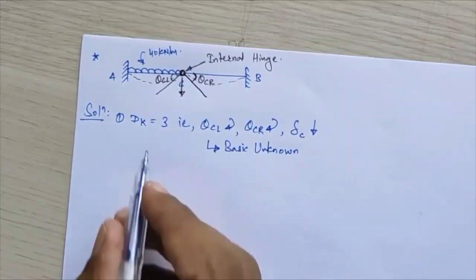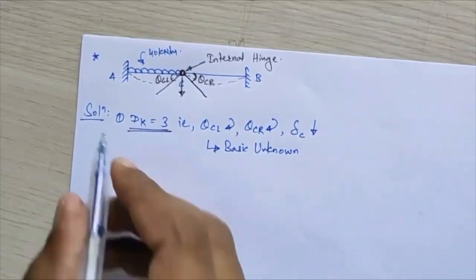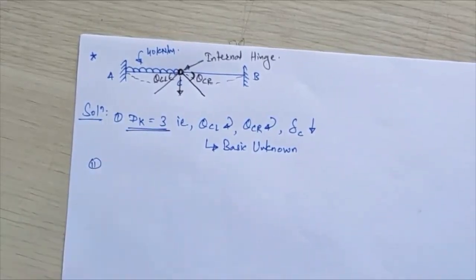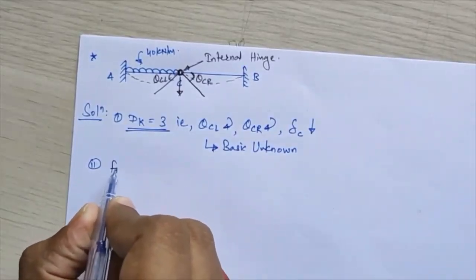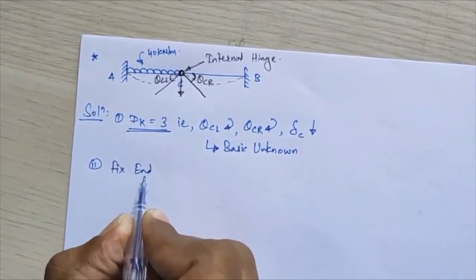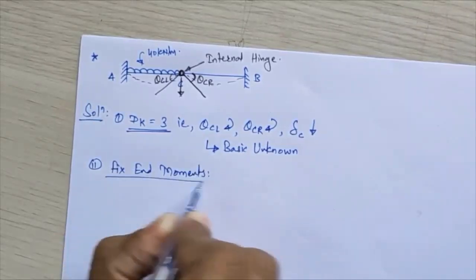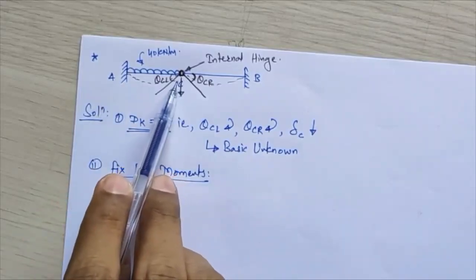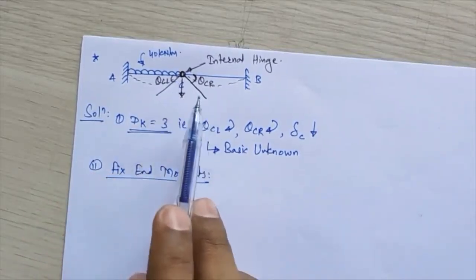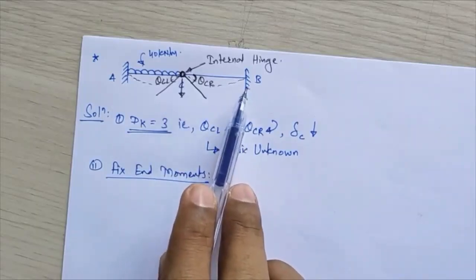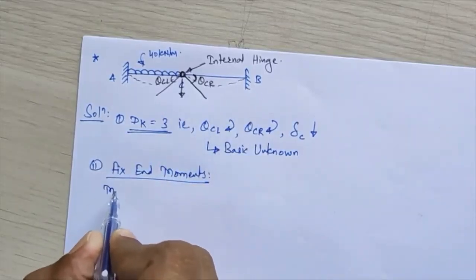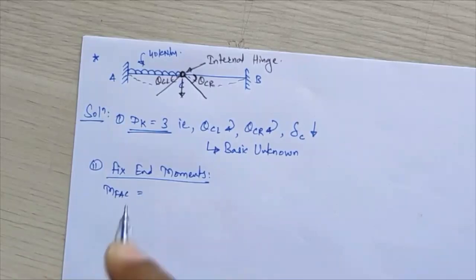Then the second step will be calculating the fixed end moments. Now if you observe, loading is given only in member AC. So your fixed end moment for member CB will become directly 0. So we'll calculate MFAC. MFAC is what?